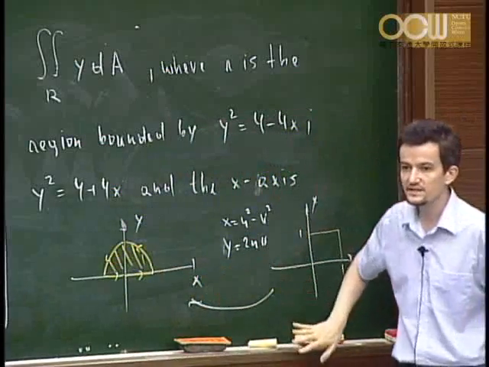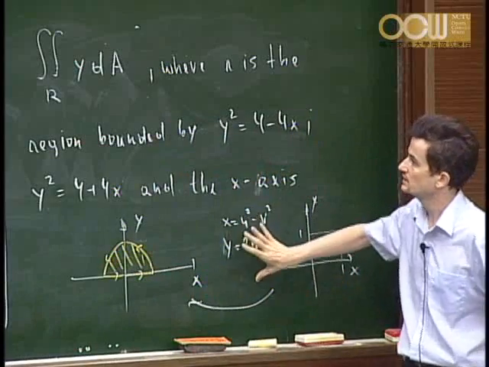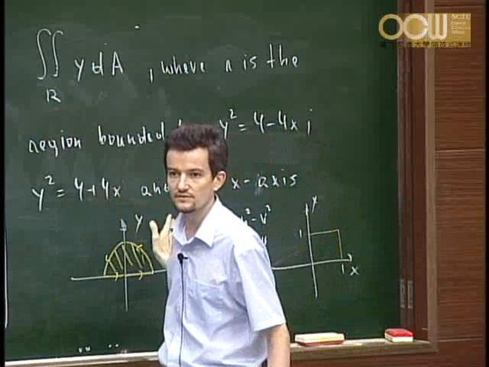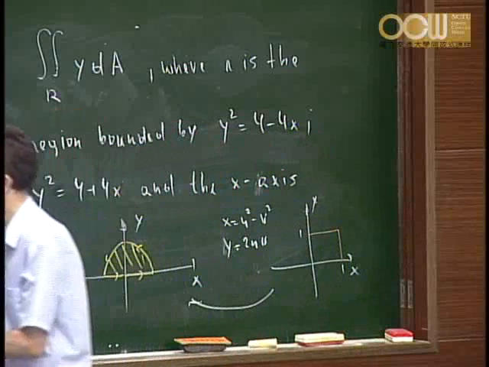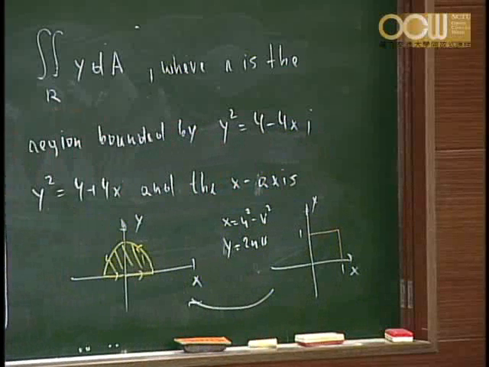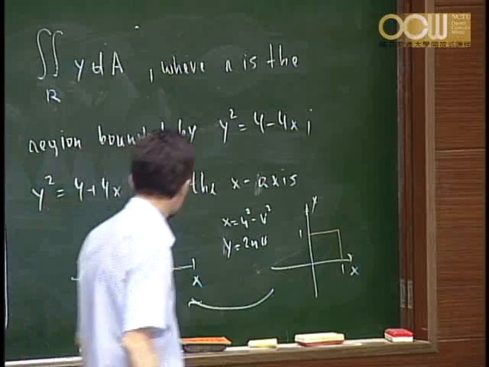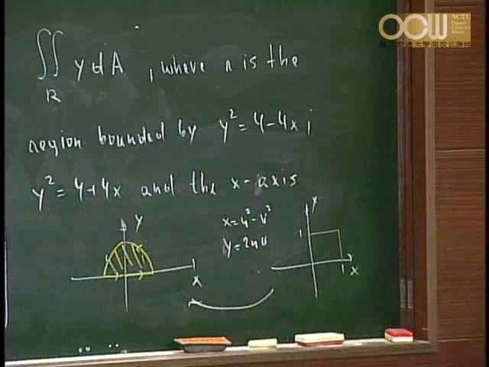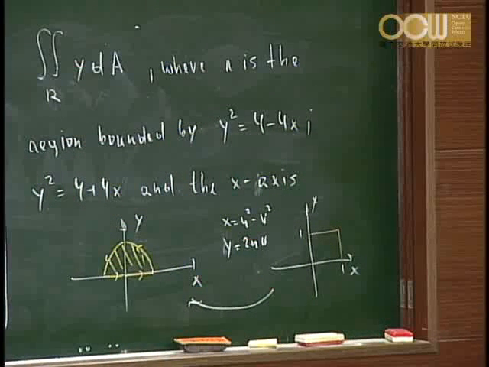Meaning that this transformation will make the region over which you integrate much easier. And this might be a motivation for using substitution. But of course, you might say, how does someone come up with such a transformation? This is another topic. This is not so easy.